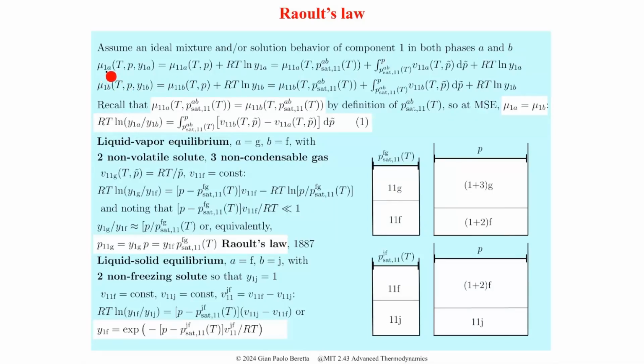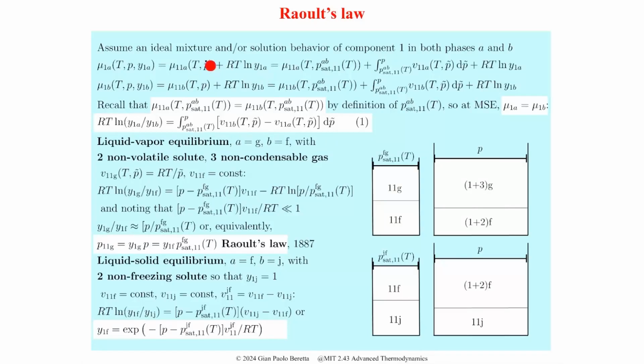So the chemical potential of component 1 in phase A, we are going to assume, to derive Raoult's law, ideal mixture or solution behavior for all components. Or actually for this component, not for all components, for this component. And so this is the pure phase A, pure component 1, plus the RT, the log of the mole fraction of component 1 in the phase.